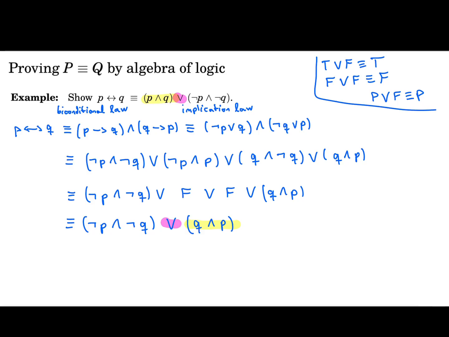And then you have not P and not Q is just not P and not Q. So these are the same. So this is just the right-hand side of what we wanted to prove. And so with this, we have proved the equivalence by rewriting it by using algebra of logic instead of using a truth table.